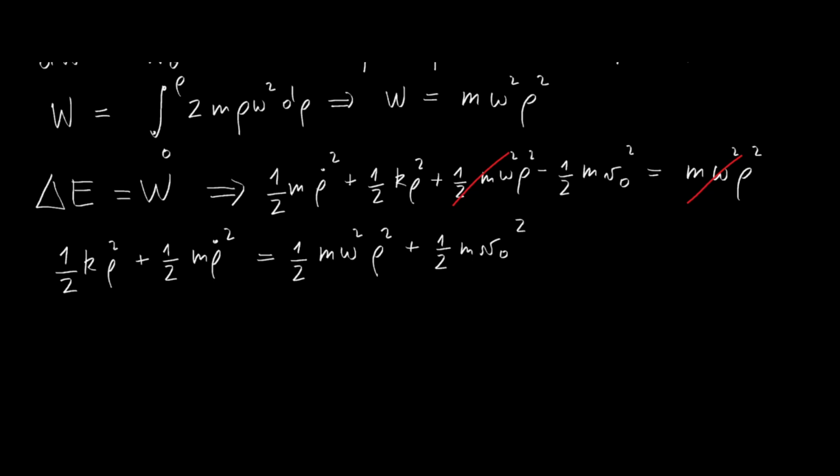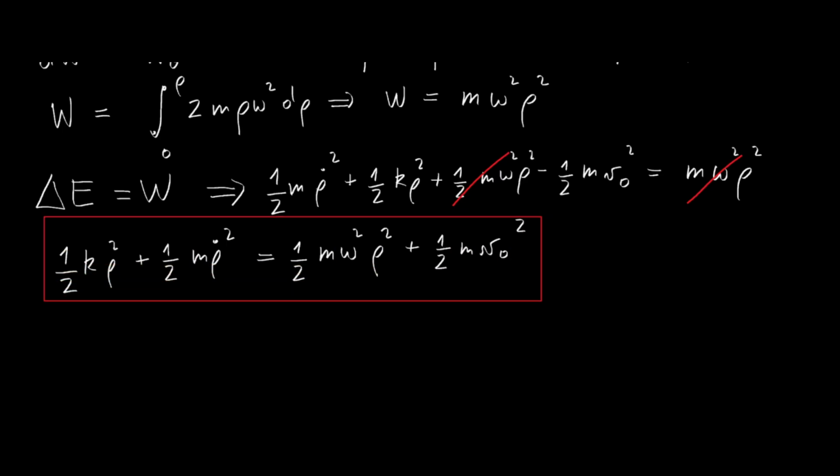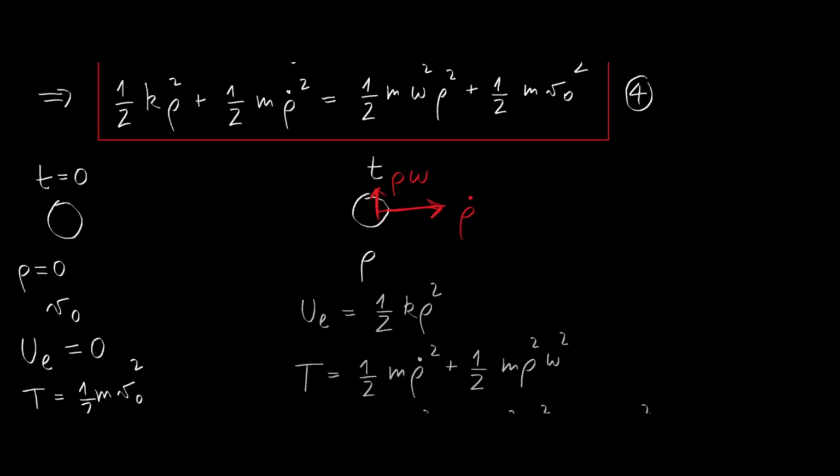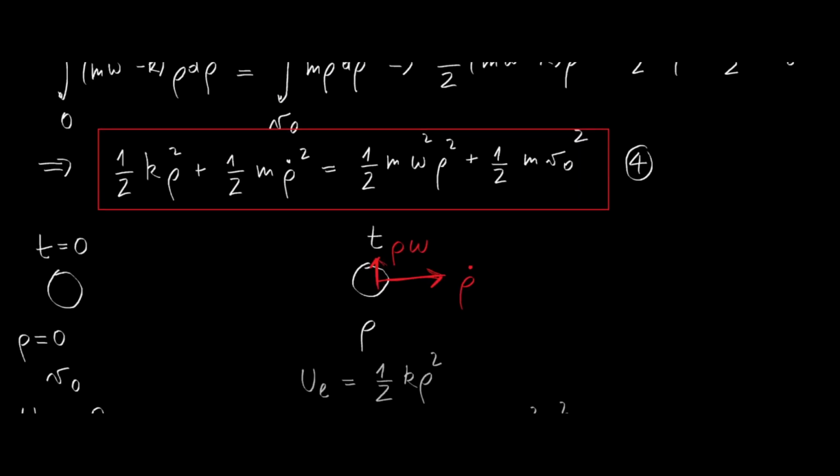Okay, I will also draw a big red rectangle here. And if we now compare this result with the result that was obtained from Newton's second law, we know that both are the same.